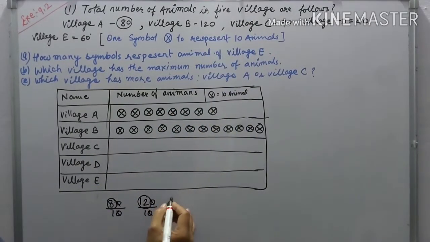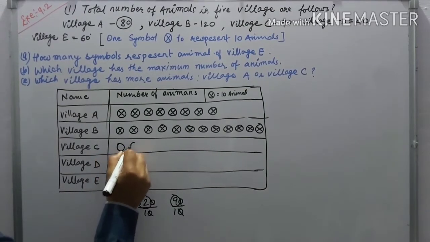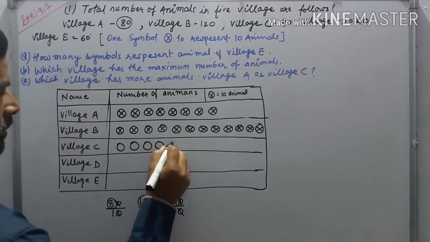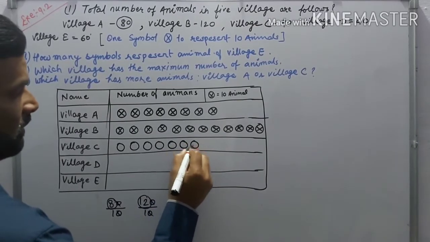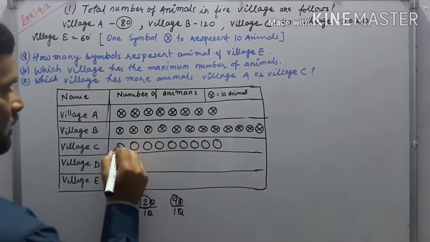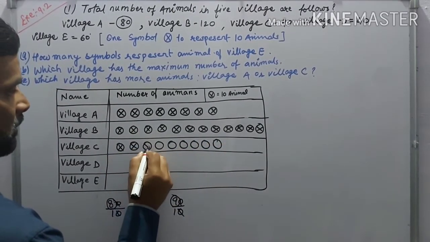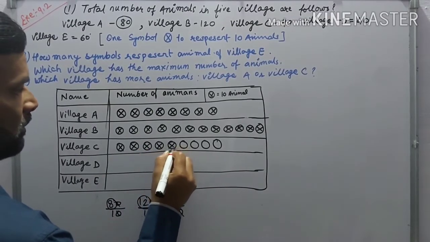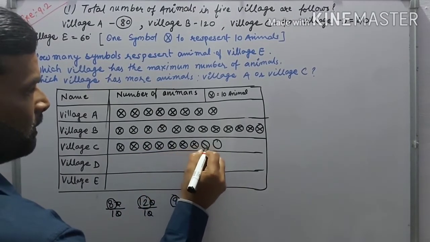Next is 90. 90 divided by 10 is 9. It means you have to draw 9 symbols: 1, 2, 3, 4, 5, 6, 7, 8, 9. And similarly draw all the symbols.